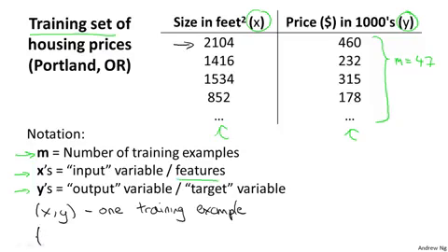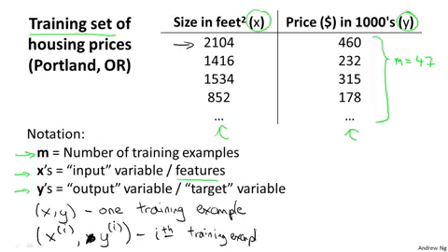And to refer to a specific training example, I'm going to use this notation x^(i), y^(i), and I'm going to use this to refer to the ith training example. Right? So this superscript i over here, this is not exponentiation.